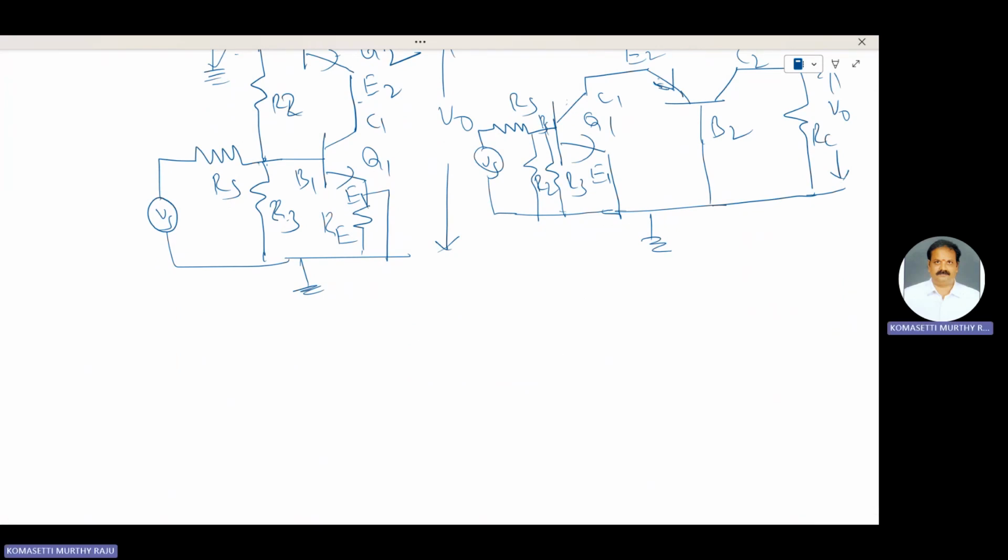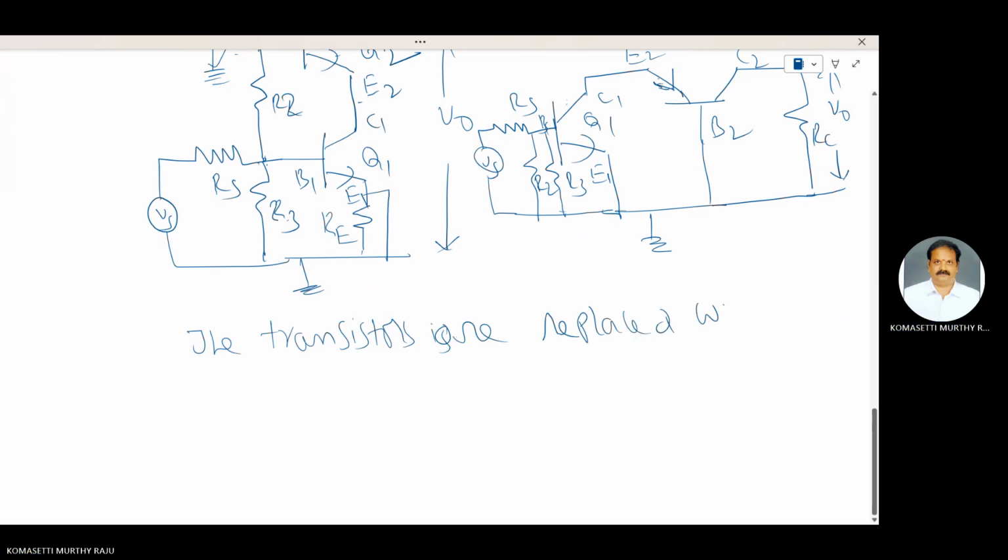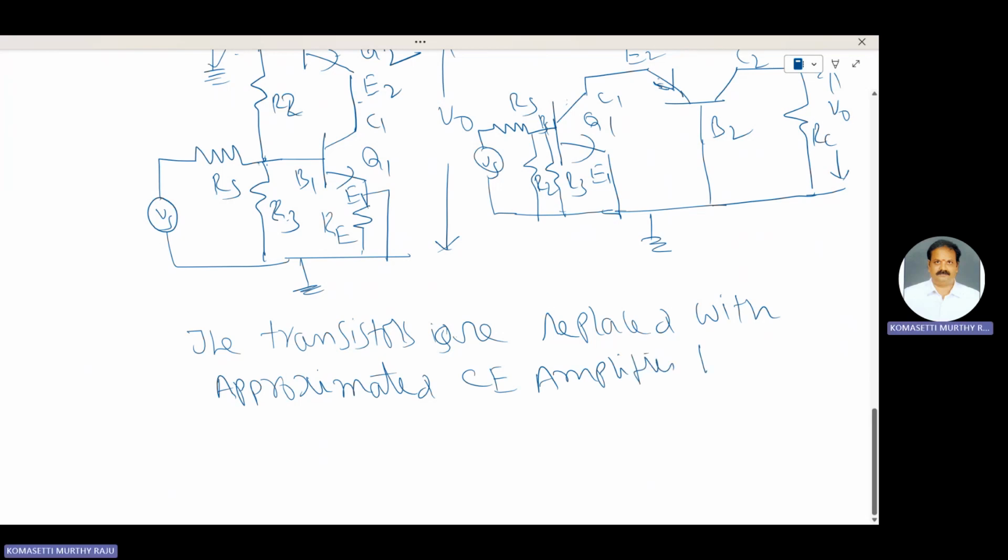The transistors are replaced with the universal CE amplifier configuration, the approximated CE amplifier H parameter model.